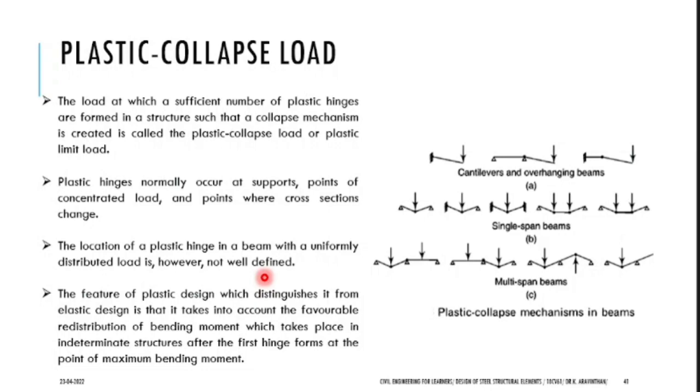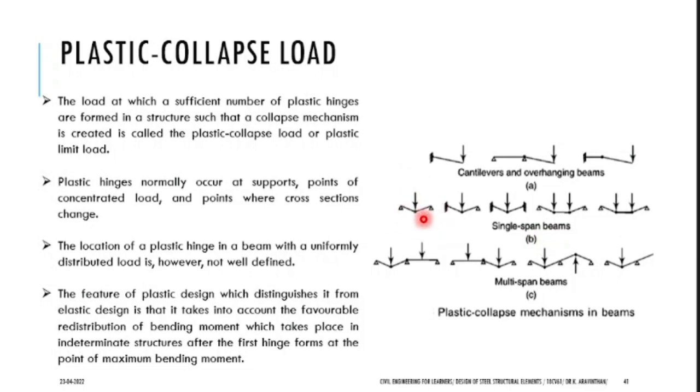Hence it is not well defined. If you have plastic hinges and the load attains the maximum limit of the section, then it is visible to see the plastic hinge. If you observe this picture, you can understand that.